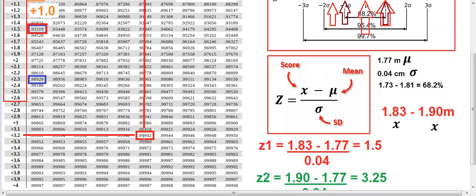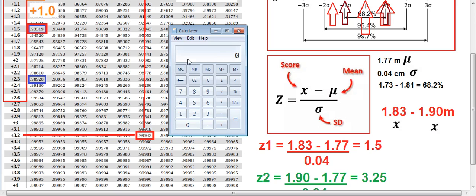We have these two numbers, 0.99942 and 0.93319. Let's take our calculators now. 0.99942 minus 0.93319. I subtracted one from the other, and then at the end we have to multiply the answer by 100.